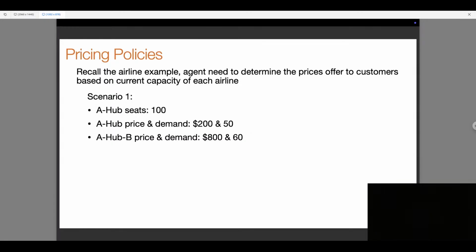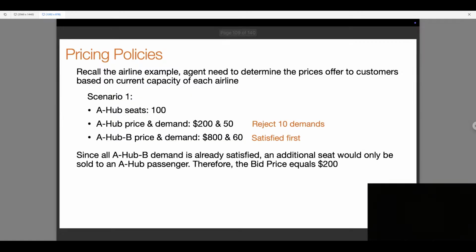So as a clever agent, you know that we will satisfy all the A2 hop to B requests first, and satisfy the A2 hop later. We know that there are totally 100, and 100 minus 16 is 14. So we will reject 10 demand for the A2 hop demand, right?